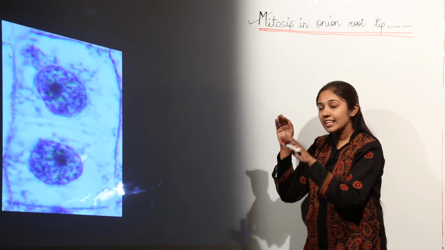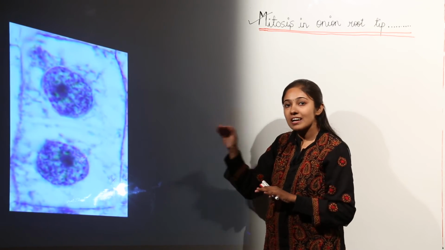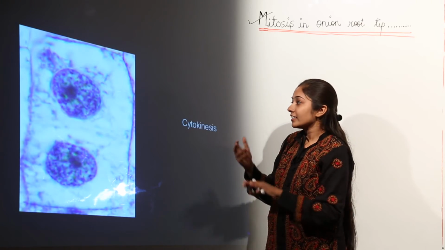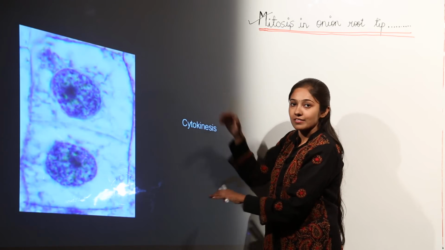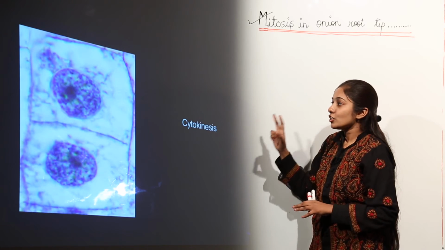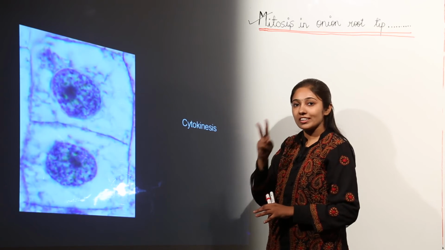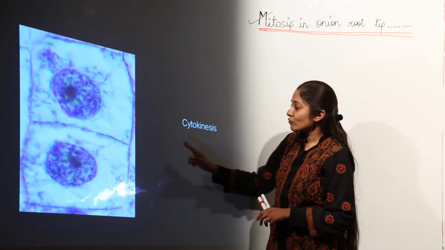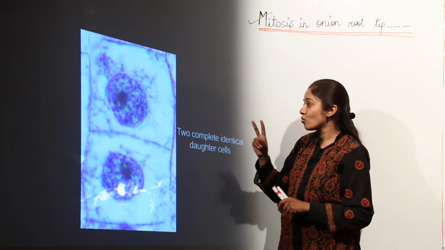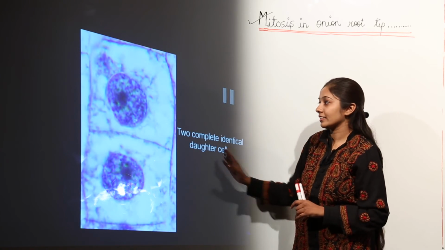This formation of the cell plate in a plant cell marks the beginning of cytokinesis. Cytokinesis means the division of the cytoplasm, and when the cytoplasm divides you get two complete daughter cells, right? So this formation of the cell plate has initiated the formation of two complete identical daughter cells.